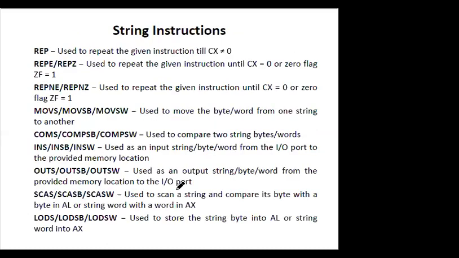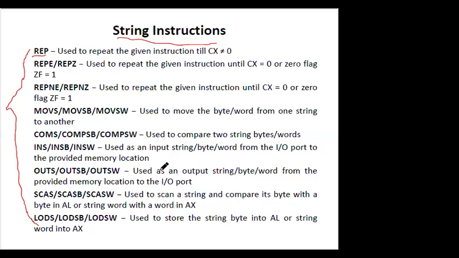Next we have string instructions. These are string instructions to repeat a particular sequence, and these are the instructions representing the strings. Strings are sets of words or bits. A string is a group of bytes and words, and their memory is always allocated in a sequential order.